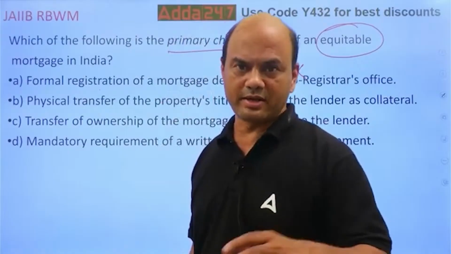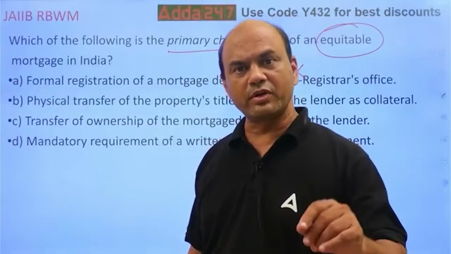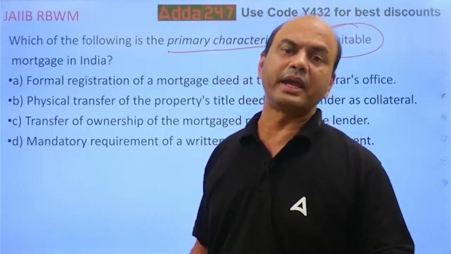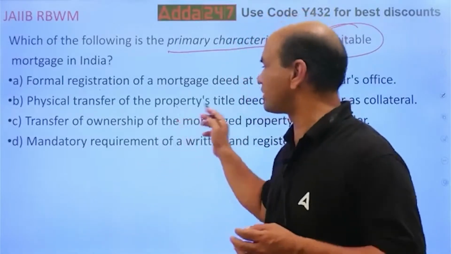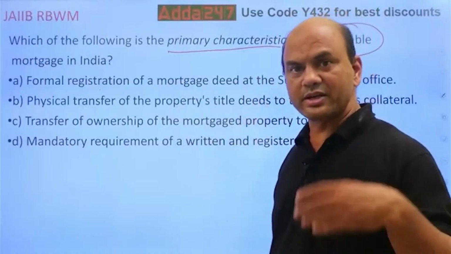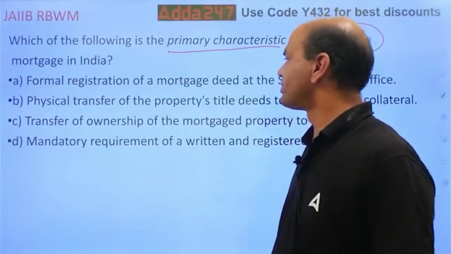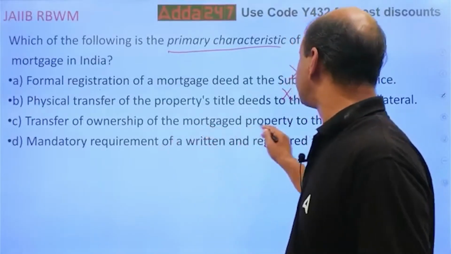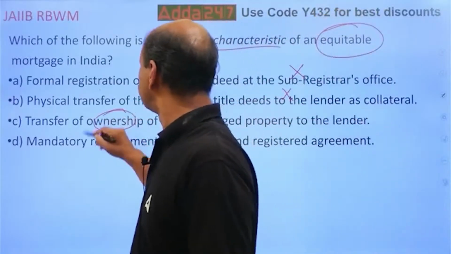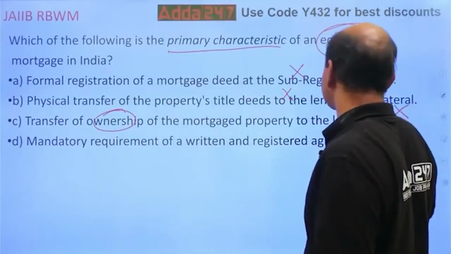Suppose you buy a flat and take the loan, the name on the property documents is yours only. So physical transfer of property's title is not happening in any mortgage, forget equitable mortgage. So this is also out. Transfer of ownership of mortgaged property to the lender is the same thing, so this is out. All these three are out.